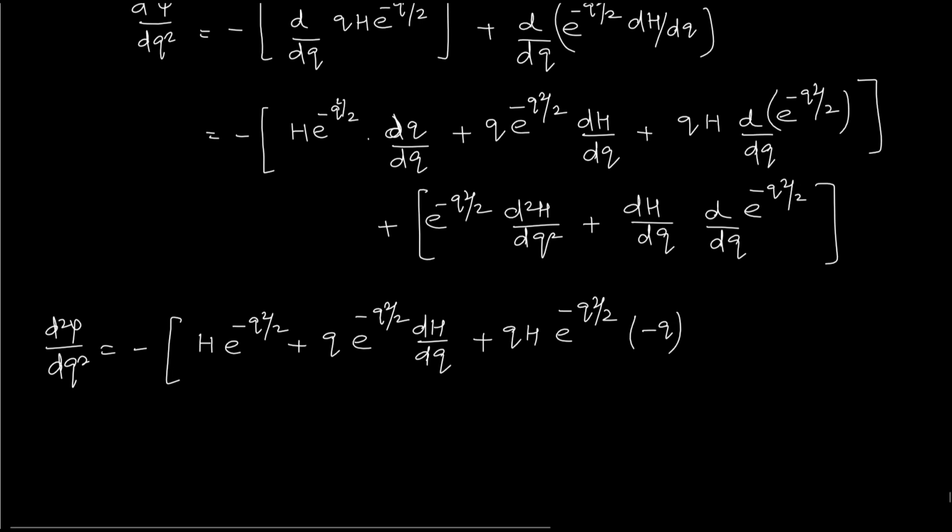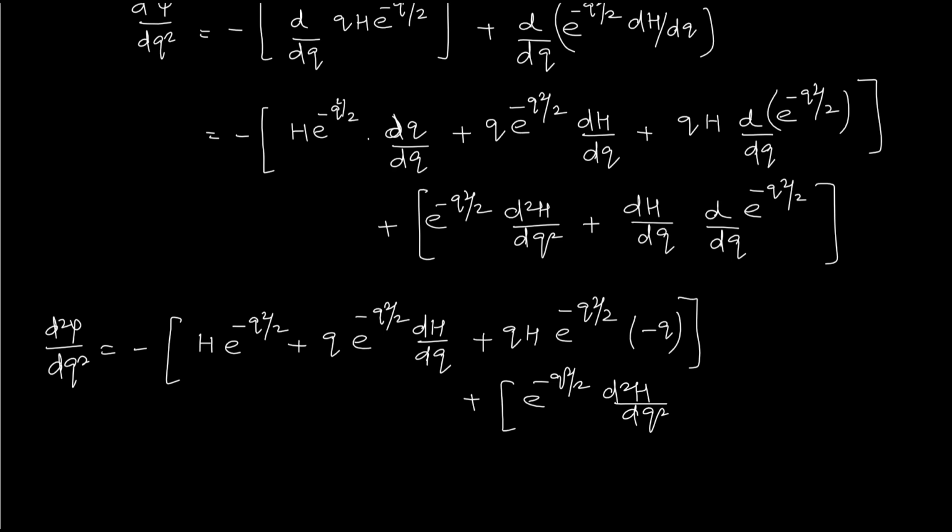So here we can write it directly, plus e raised to power minus q square by 2 d2h by dq2 plus dh by dq e raised to power minus q square by 2 minus q. Here again we have written it directly.